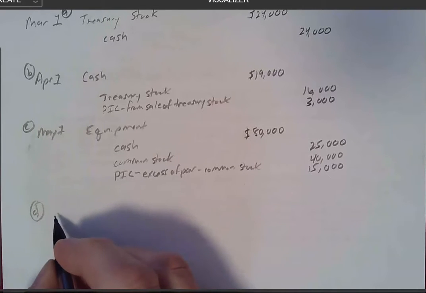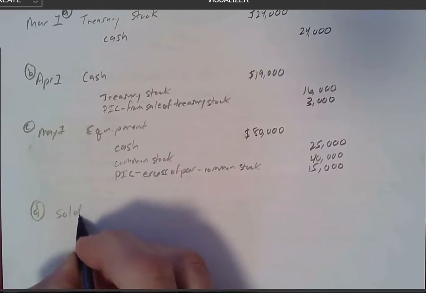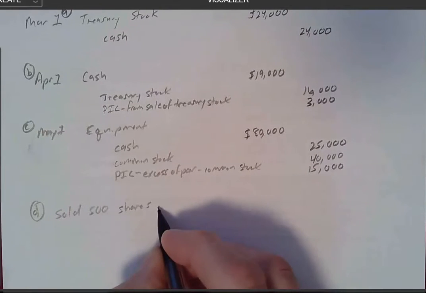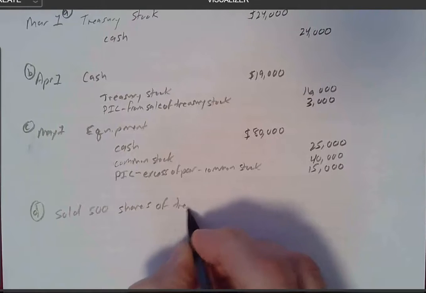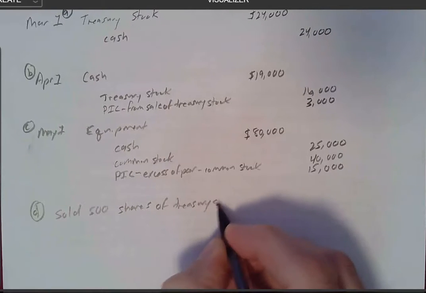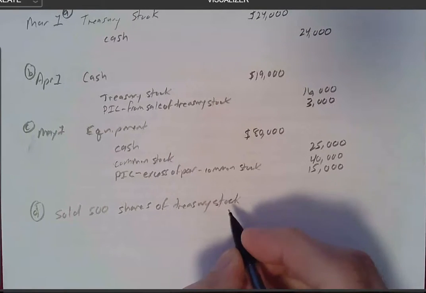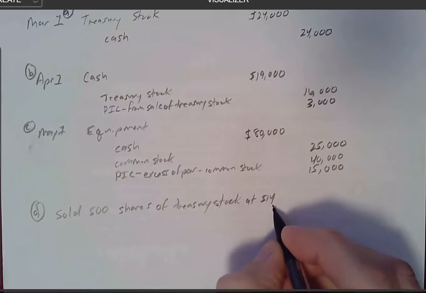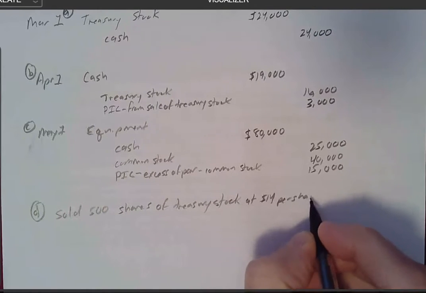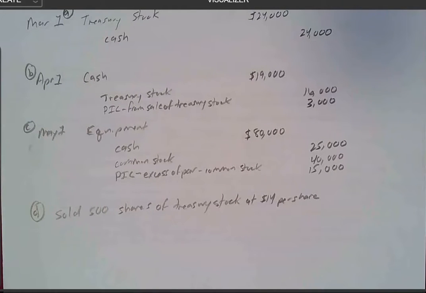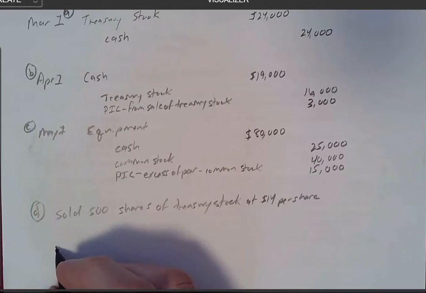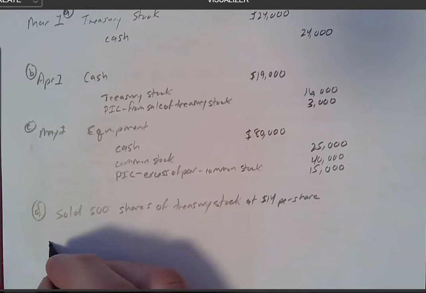Our D requirement says that we sold 500 shares of Treasury stock at $14 per share. Okay. All right, so we're gonna say that this transaction took place on June the 1st.